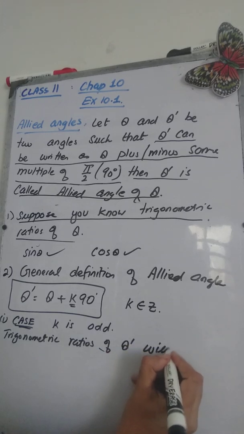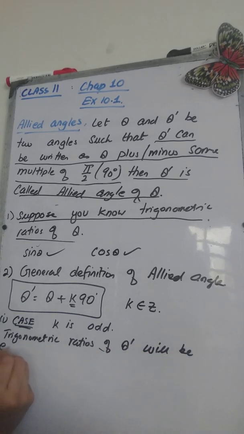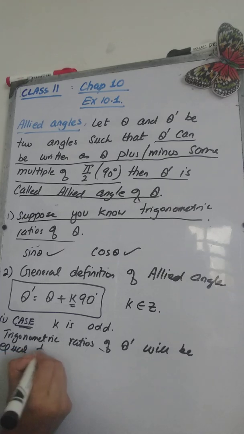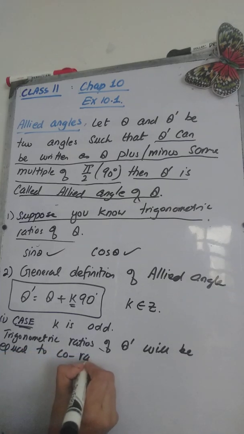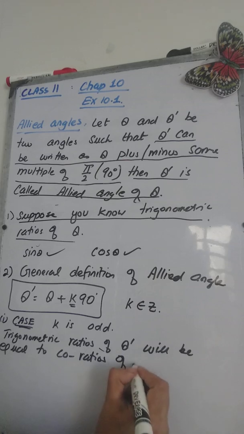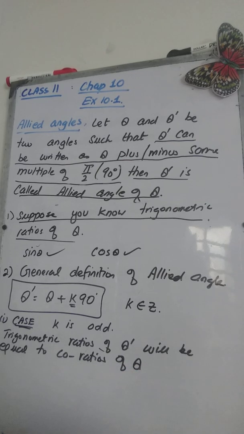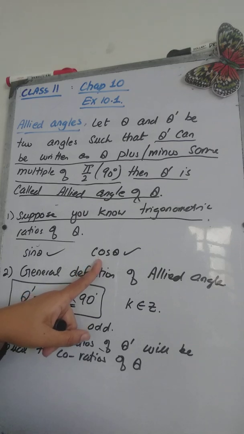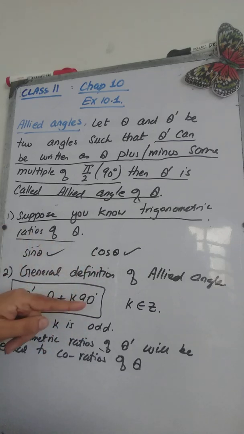will be equal to the co-ratios of theta. Co-ratio means the co-ratio of sine is cosine, the co-ratio of secant is cosecant, and the co-ratio of tangent is cotangent.